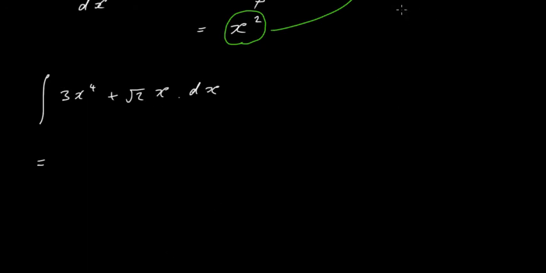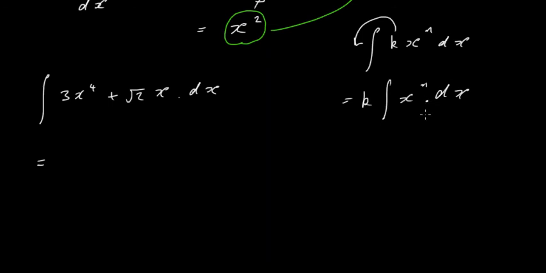Now, another rule I should say, when you're integrating a constant times x to the power of n with respect to x, you can take that constant and just put it outside the integral symbol. So in other words, it becomes k times the integral of x to the power of n dx. So that's just another rule you can use. So we have a constant here, 3, so we can take that and put it over here.